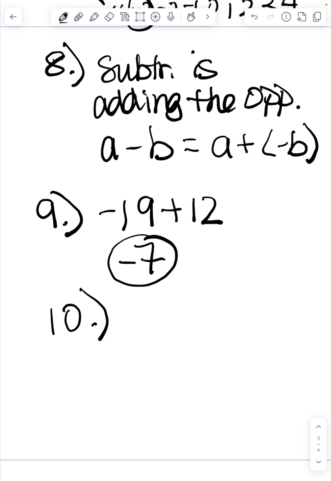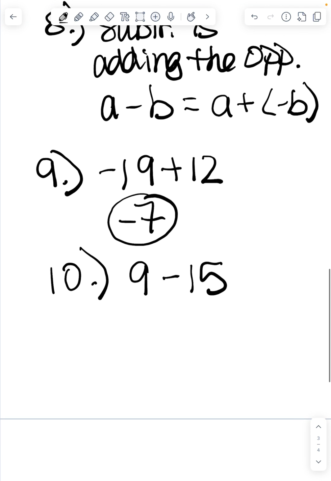Number 10, 9 minus 15. So this is a case that we're going to apply what we used in number 8, our definition in number 8, which is subtraction is adding the opposite. So you could either go ahead and mark it as plus the opposite, or you can go ahead and write it in the column underneath that this is the same thing.